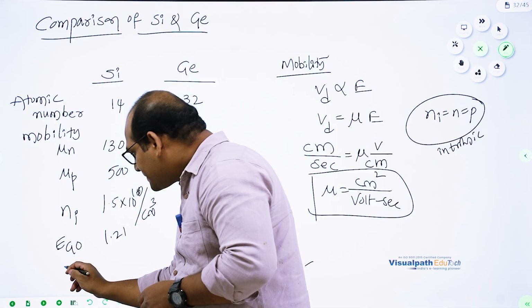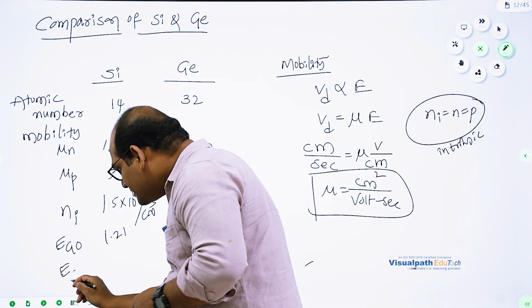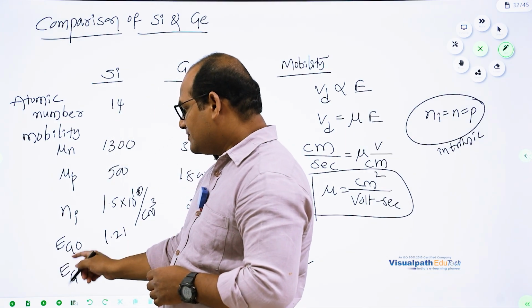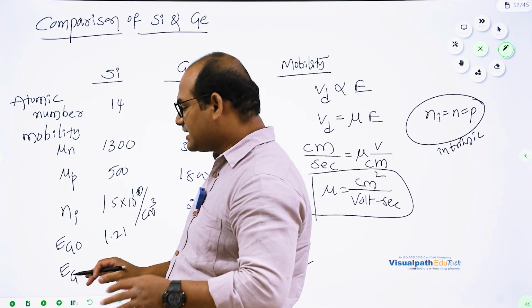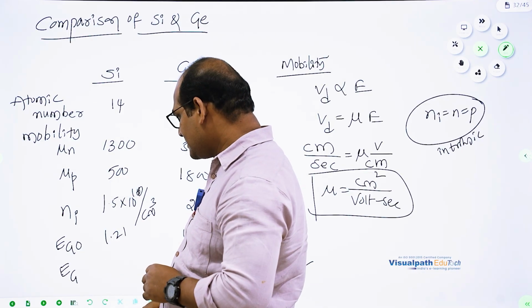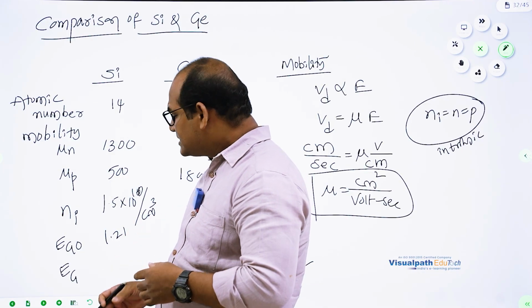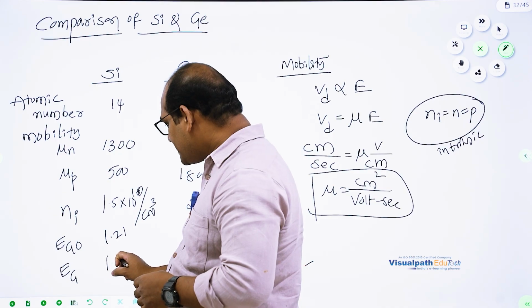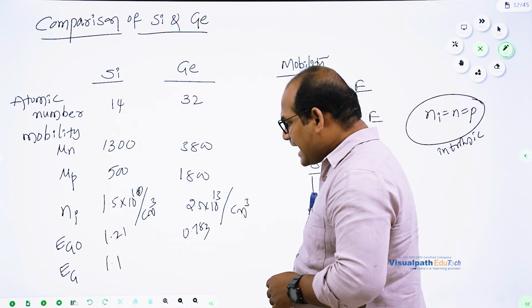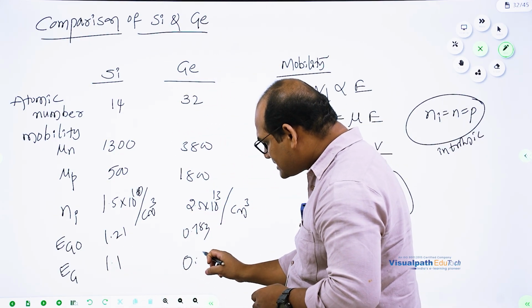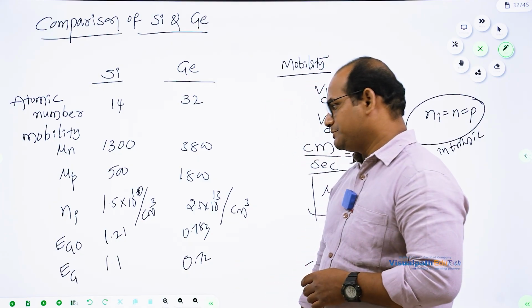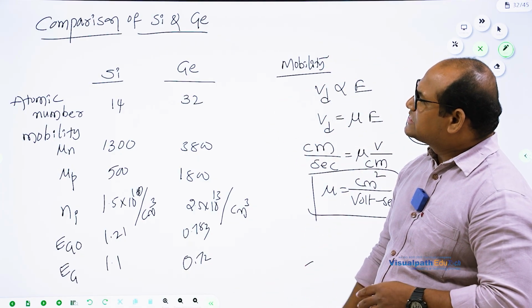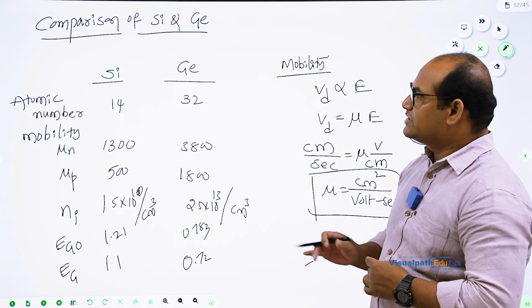If you increase the temperature up to 300 degrees Kelvin, then we represent it just with Eg. When you increase the temperature, this energy gap will be reduced to 1.1 from 1.21. And in germanium, it is reduced to 0.72 from 0.783. So this is the general comparison of silicon and germanium.